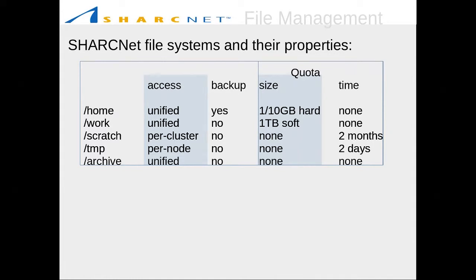And then finally, different from the others is the archive system. The archive system has access that's unified, so regardless of what system you log into, you'll always see the same data. There is no backup of the archive, and really the defining property is the quota. There is no size quota, no time quota. This is really for the long-term storage of idle data, we'll call it.